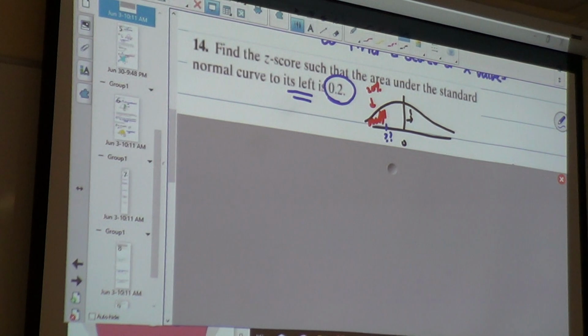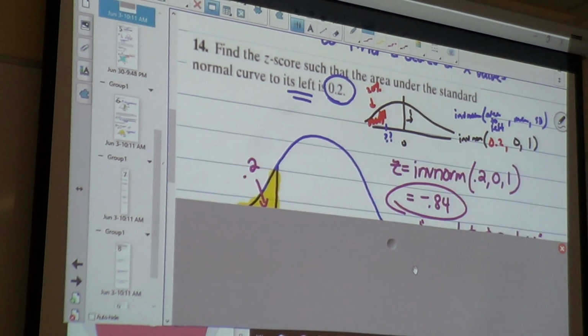So because we're trying to find the z-score, that means we're going to do inverse norm, which means that's area to the left, comma, mean, comma, standard deviation. So what am I going to put for area to the left? 0.2. What is my mean? 0. What's my standard deviation? 1. And again, this is inverse norm.